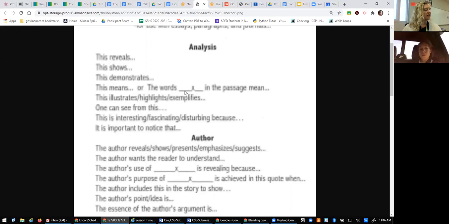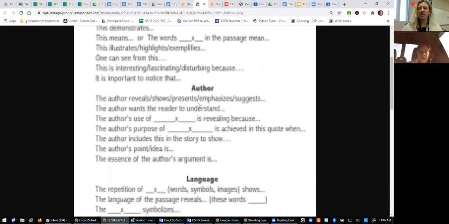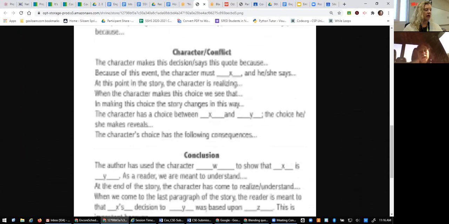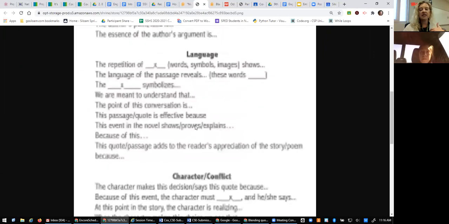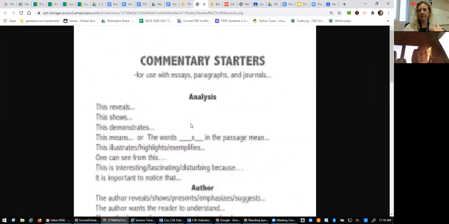So these are things that you can use to help you build your explanation of your quote after you use your quote, okay? If you guys are stuck as to what to use or how to follow up your quote, these are ideas that you can use to help you. And all this stuff is out there for you to use for your benefit, okay?